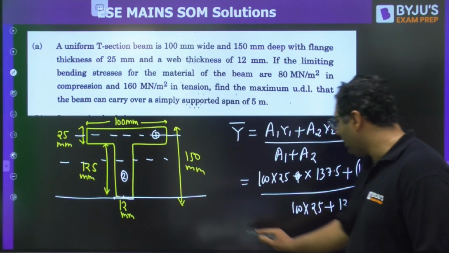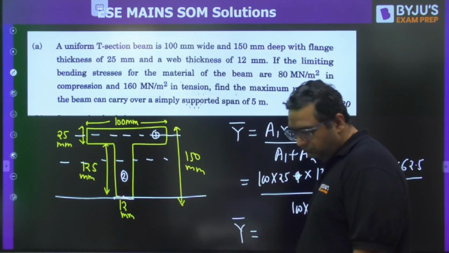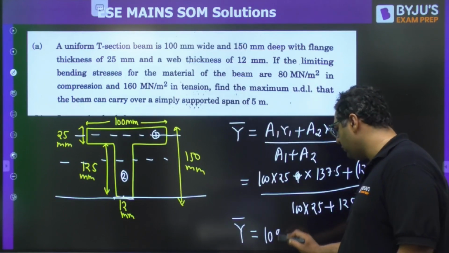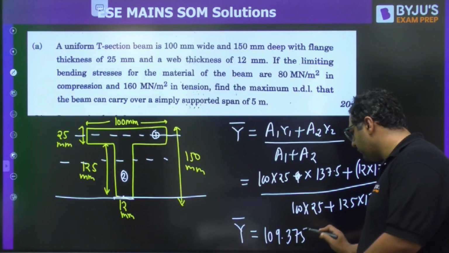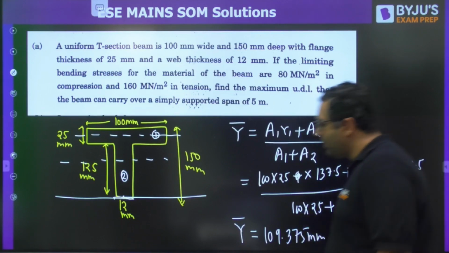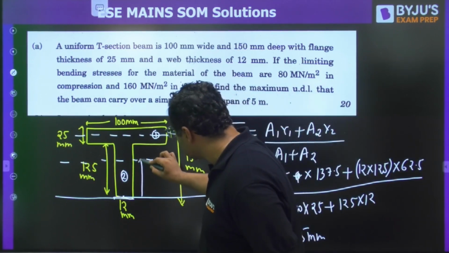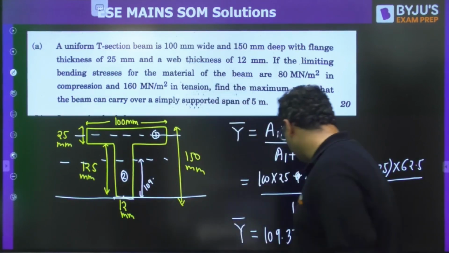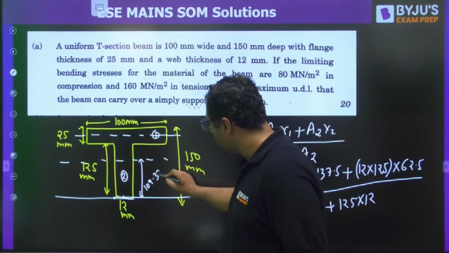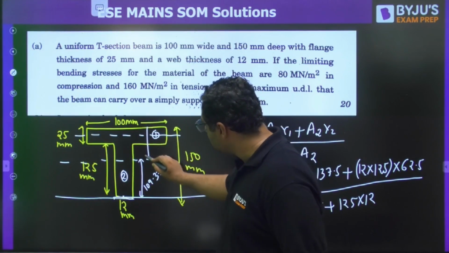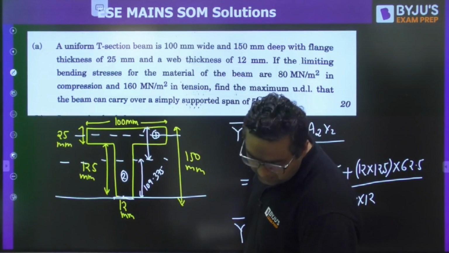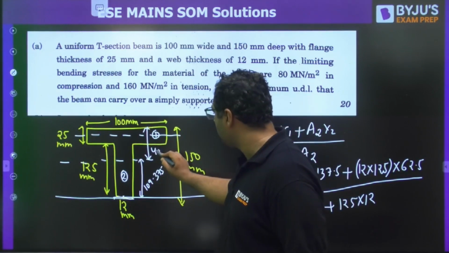This will give you the Y bar, and Y bar comes out to be 109.375. So my dear, this distance is 109.375. You can also find this other distance, and it is nothing but 40.625.